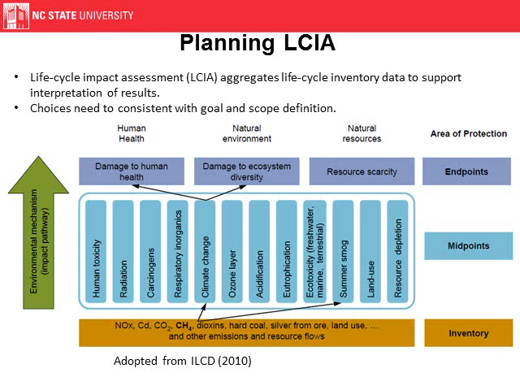And we can do that by looking at different midpoint indicators, like human toxicity or radiation or carcinogens or climate change or ozone layer depletion or smog. And then to estimate the impacts on those midpoints, we need to use our inventory results and some additional models to associate all of those emissions with different midpoint indicators of environmental harm.